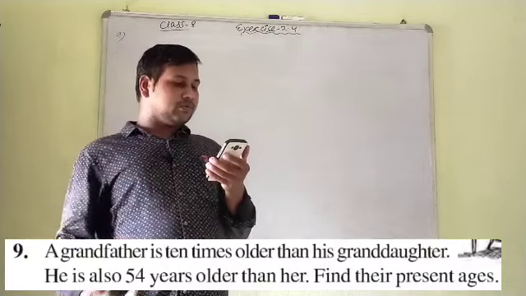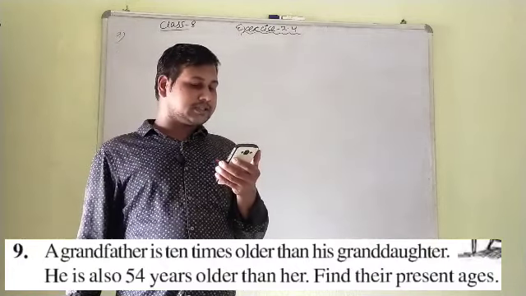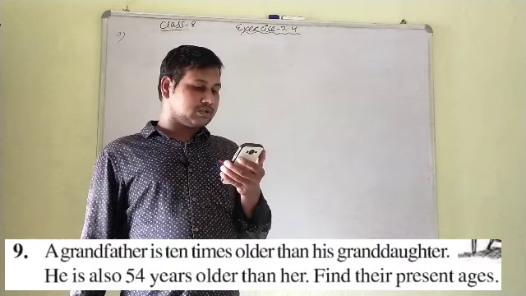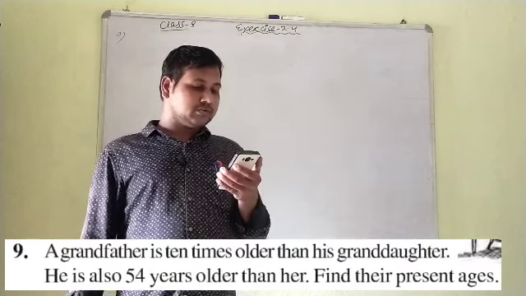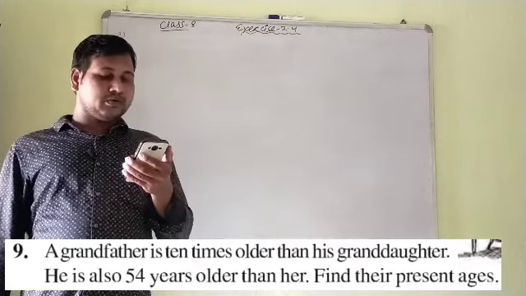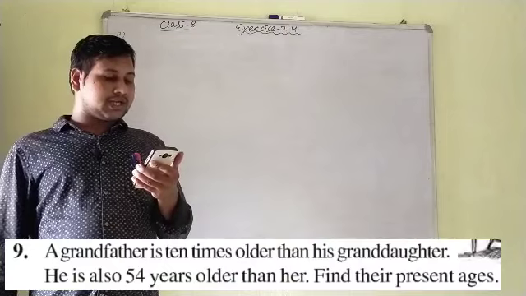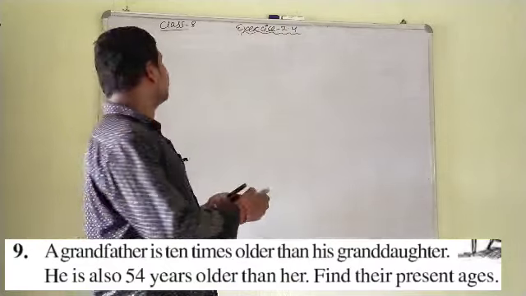The first point we have to remember is a grandfather is 10 times older than his granddaughter. So we will write down, let the age of the granddaughter be x years and the grandfather be 10x.